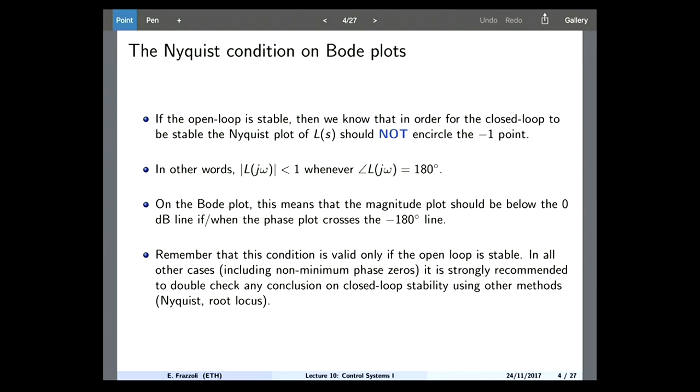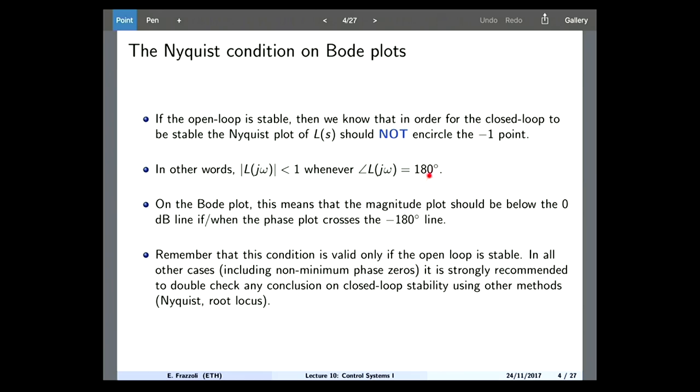What does it mean that you should not encircle the -1 point in terms of magnitude and phase? Essentially you want the magnitude on the Bode plot to be less than 1 whenever the phase of your transfer function is 180 degrees.